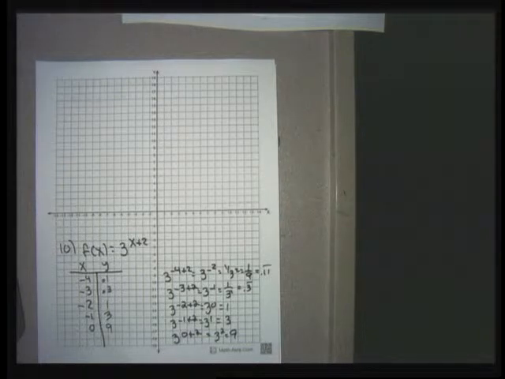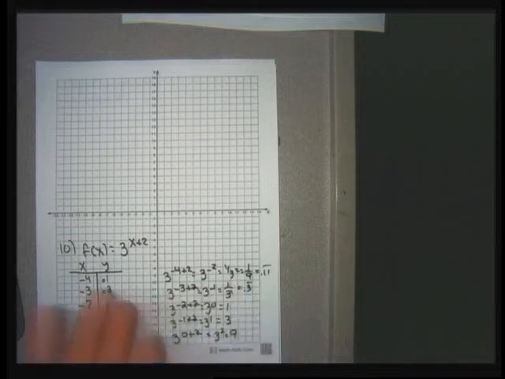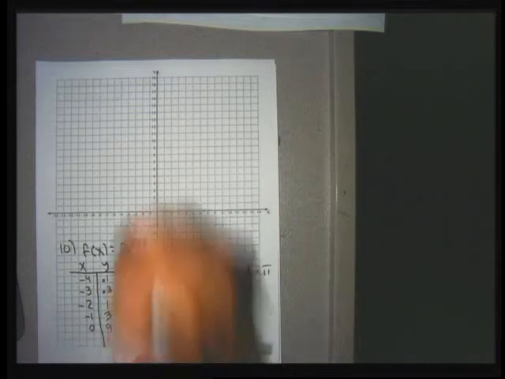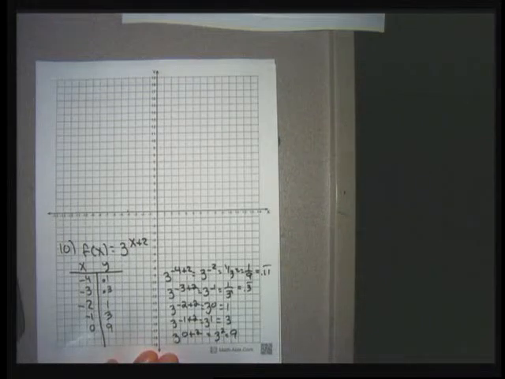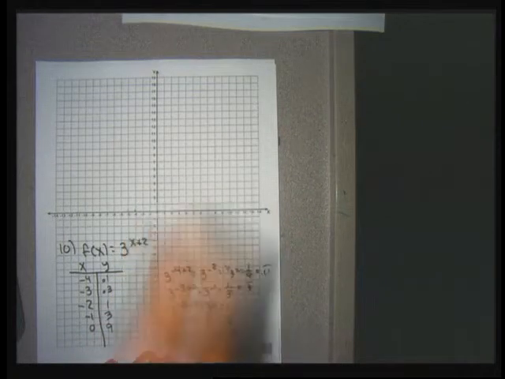For me, it's probably just as easy to plot the decimals as it is to plot the fractions, and I don't have any strong feelings that you need to see fractions in the y column. I just want a reasonable graph, and my graphs aren't super accurate whether I'm putting fractions or decimals here. So negative 4 and 0.1 is just above the x-axis. Negative 3 and 0.3 is a little bit higher, then they're easy.